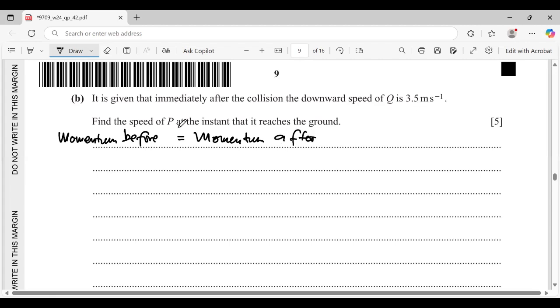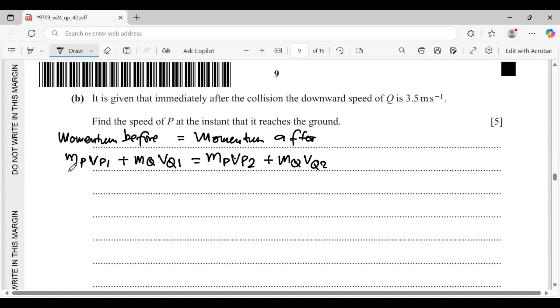Okay, momentum before collision equals momentum after collision, and the formula is mP times vP1, where P1 means before collision, plus mQ times vQ1, equals mP vP2, where P2 means after collision, plus mQ vQ2, where Q2 means after collision.